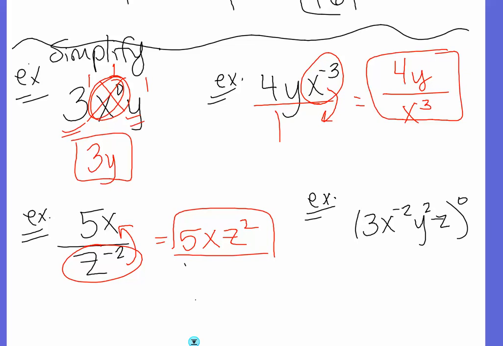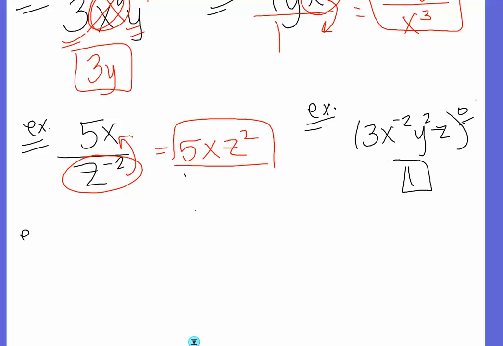So look what's on the furthest the outside. This is 0 exponent. Now, does that 0 exponent belong to everybody or just one piece of this problem? It belongs to everybody because it's in parentheses. So everything raised to the 0 power equals 1. And I'm done. Okay? Let's practice a few more different types of examples.